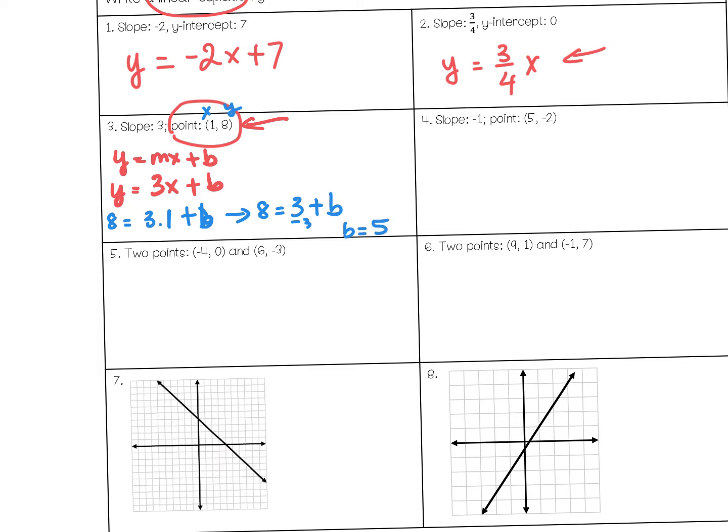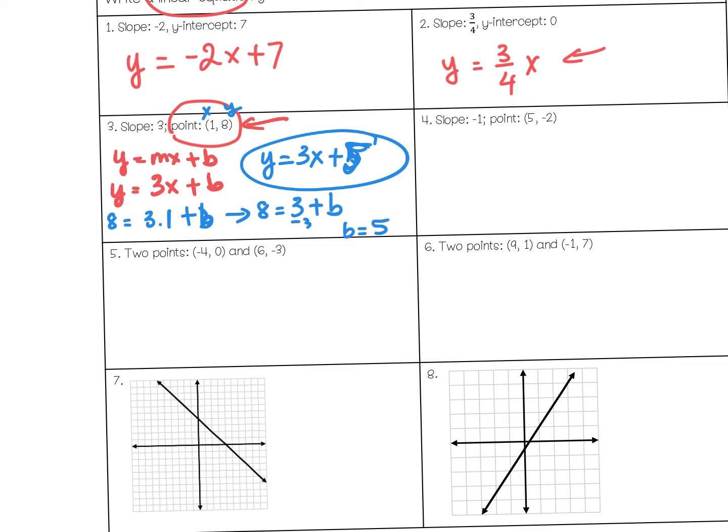There we go. You have 3 for slope, 5 for b. So y equal to 3x plus 5. So you learned something new today. All right, do exactly the same thing for number 4.